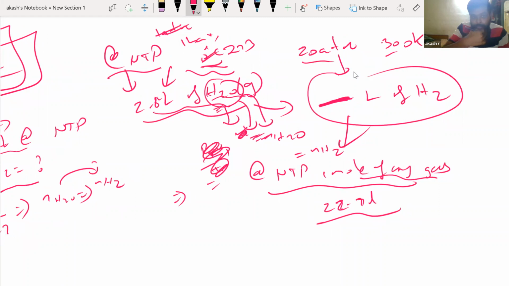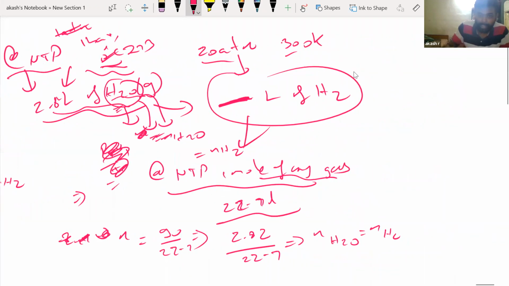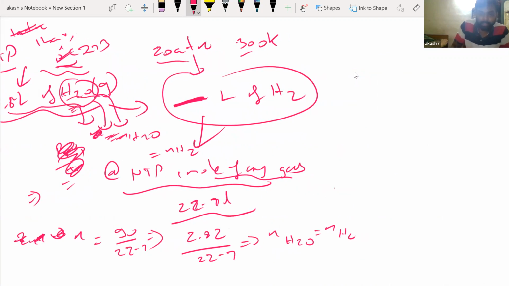So now they have given that it is the volume. Number of moles is what? Number of moles is the given volume divided by, in this case, since it's NTP, 22.7 liters. So 2.82 divided by 22.7 will be the number of moles of H2O. That can be the number of moles of H2 also at NTP. Now I can connect this. Now I know H2's number of moles also.